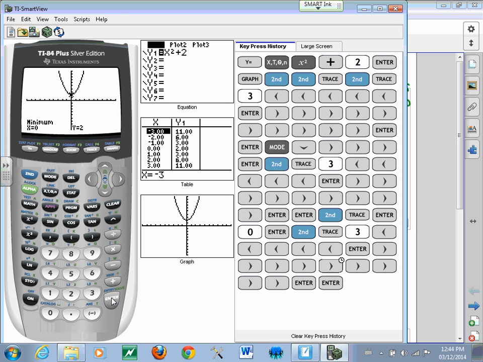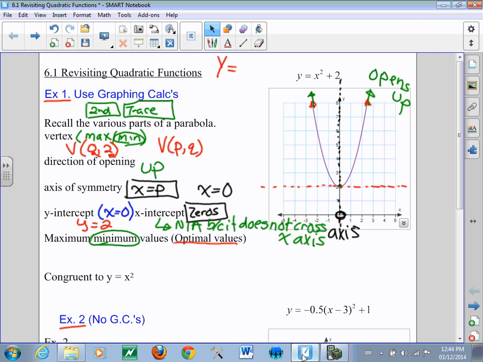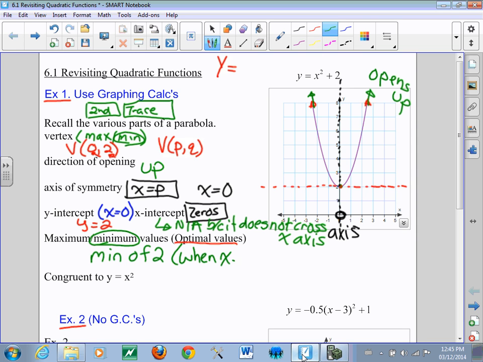Again, that's our vertex, and it's the y value, which is really the q when you think about p and q. So that is our minimum value, as small as we can get. So when I go back here, folks, you're going to say a min of 2, and in brackets put when x equals 0.